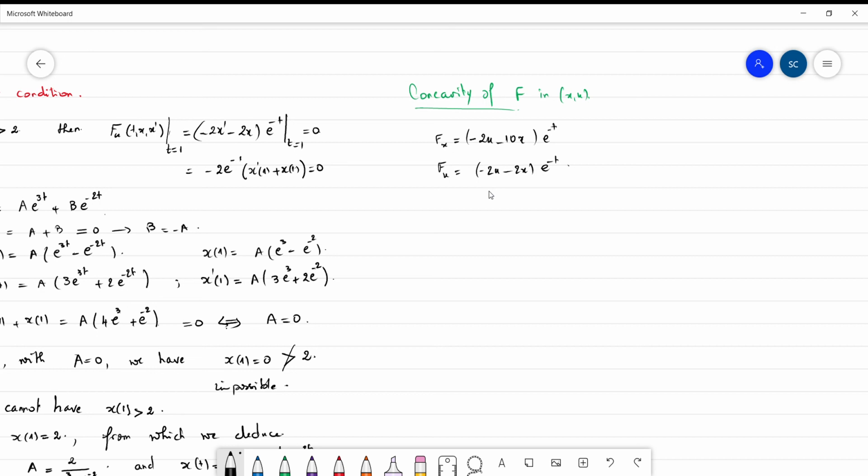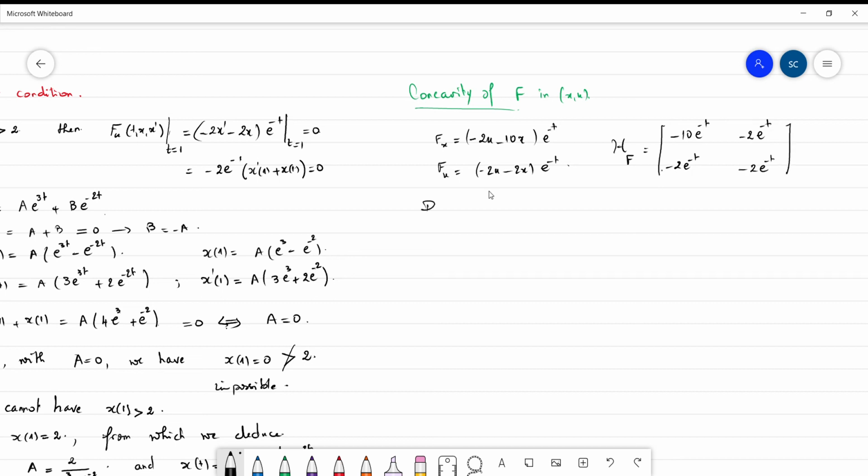So the Hessian of f would be: f_xx, if you derive with respect to x, is minus 10 e^(-t). With respect to u, we have minus 2 e^(-t), and f_uu is minus 2 e^(-t).